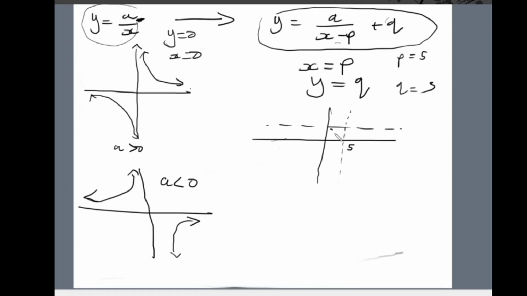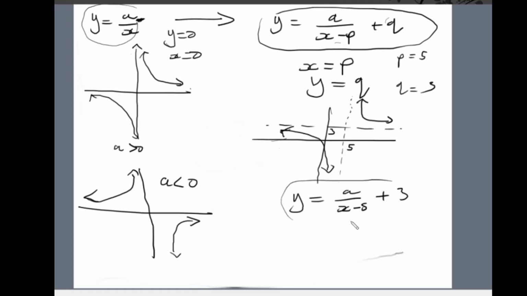Let's say this is 3, and let's say a is positive, so the graph will lie in these quadrants. Using those values of p and q, our function will be a over x minus 5, plus 3, right?